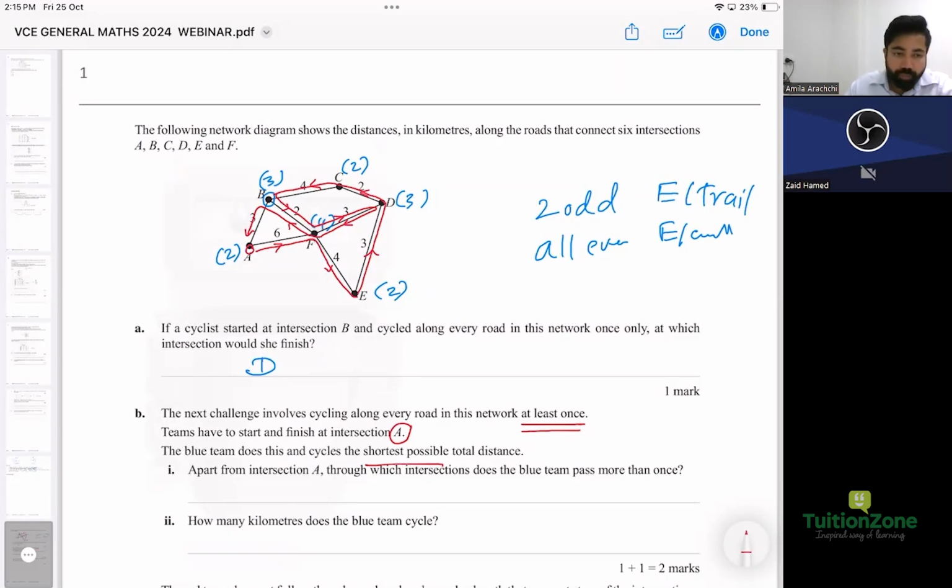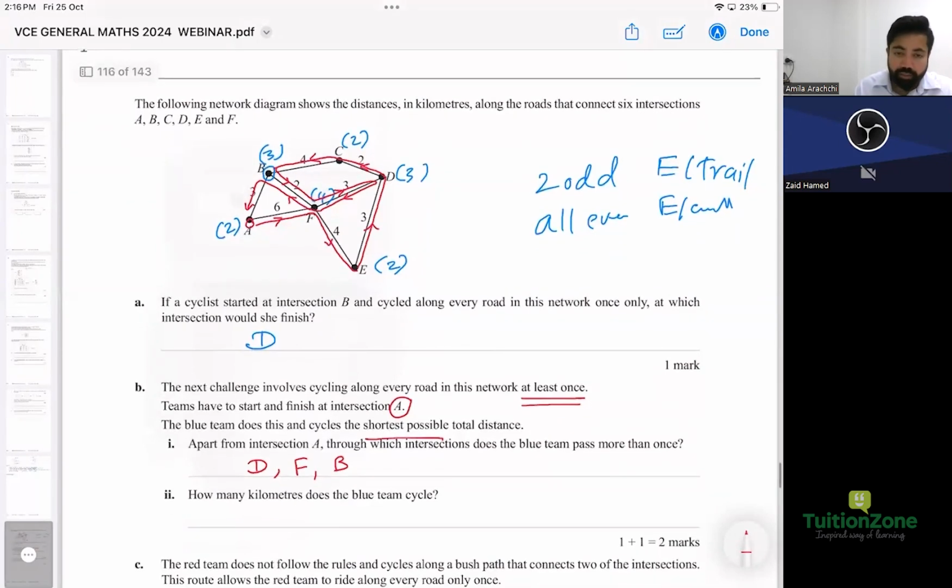Anyone? So we went through D, definitely, more times. You can see, and also we went through F a few times. That should be another one. Is that B? Yes. So D, F, and B. We went through them more than once.